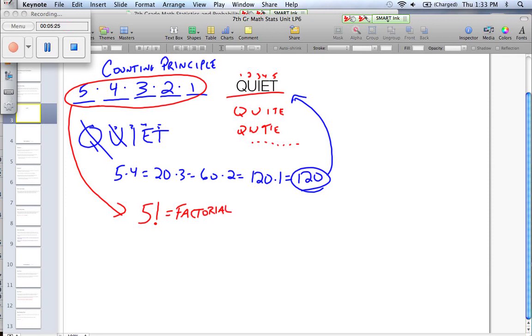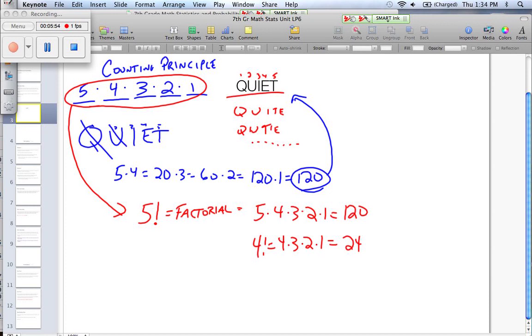And what that means is you multiply that number by all other positive integers until you reach 1. So 5 factorial is 5 times 4 times 3 times 2 times 1, which we just figured out was 120. 4 factorial would be 4 times 3 times 2 times 1. 4 times 3 is 12, times 2 is 24.